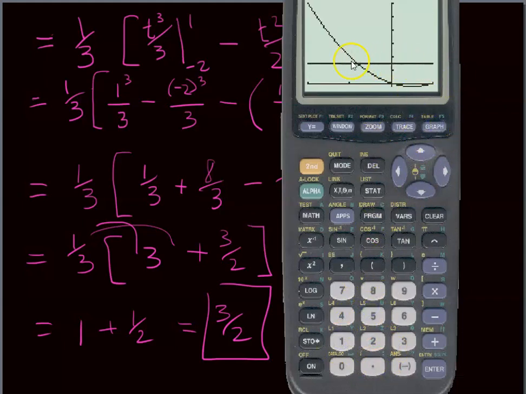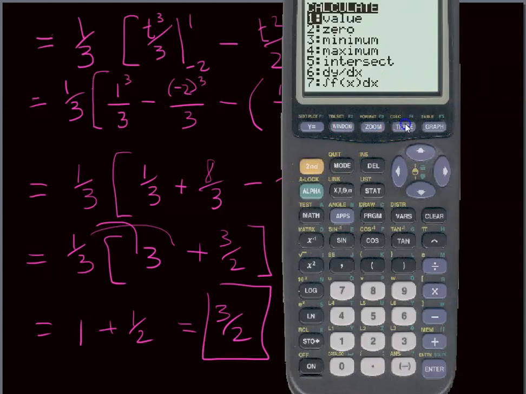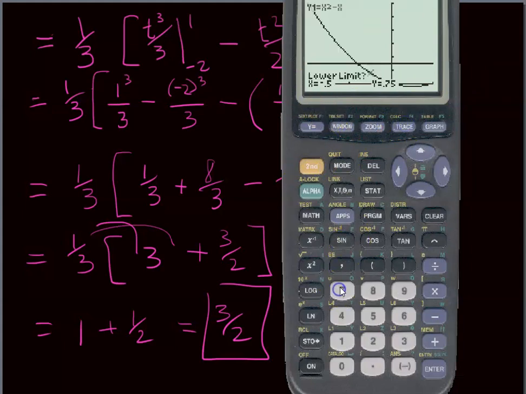So if you take the area of this interval, this is 1, 2, 3 times the 3/2, you get 9/2 or 4.5. If we find the area under the curve from -2 to 1, how do you do that? You go second trace to get to the calc menu, number 7.